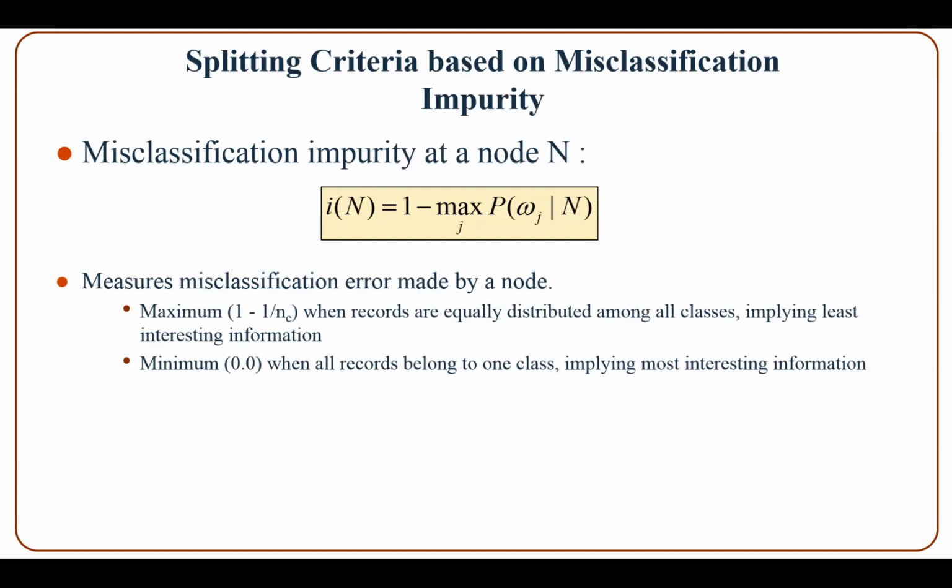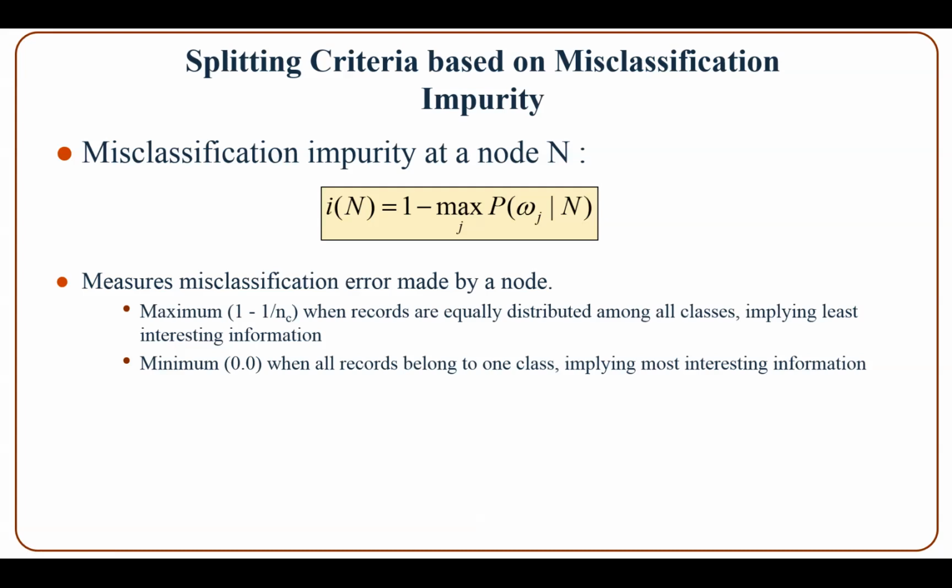Splitting can be based on misclassification impurity, and it is defined as 1 minus max of P of omega j at node n, and it measures the misclassification error made by a node.